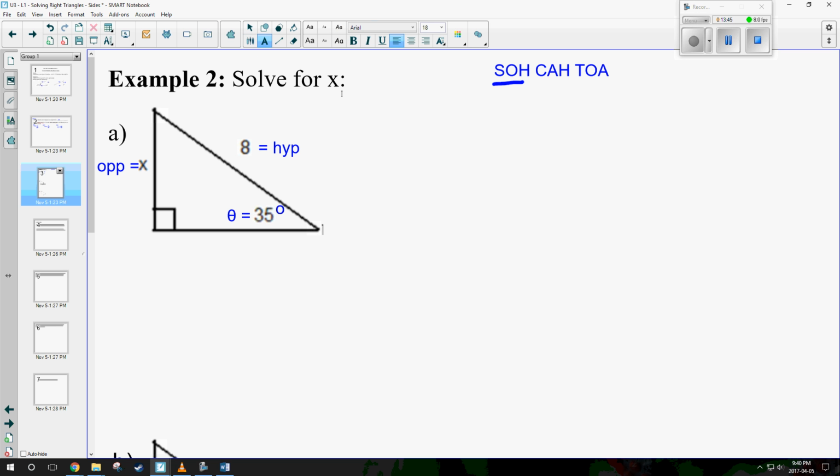So that means that we're using sine to solve for x in this case. So remember, our formula for sine is that sine theta is equal to opposite over hypotenuse. And again, that comes from SOH.